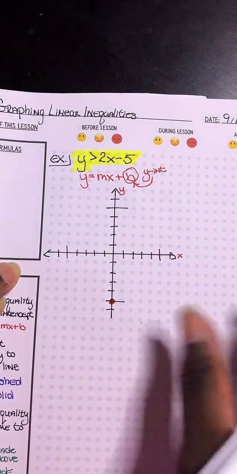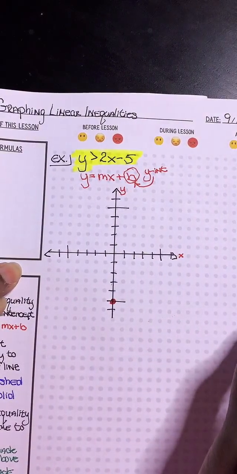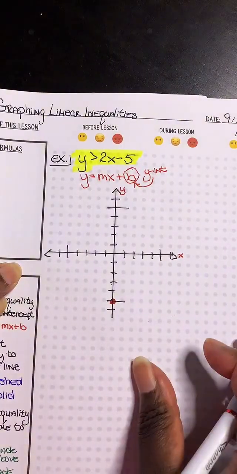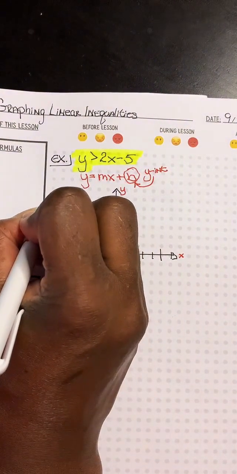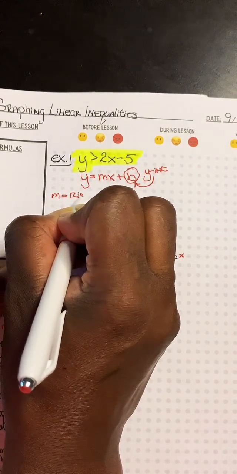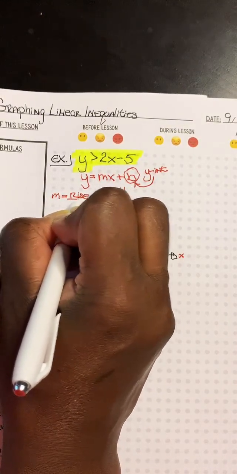Now, just like if you're going to give directions, you need your slope. Because if you recall, your slope, that's your rise over your run.